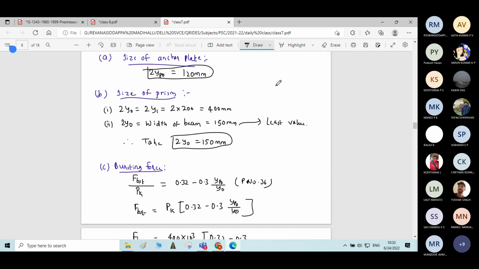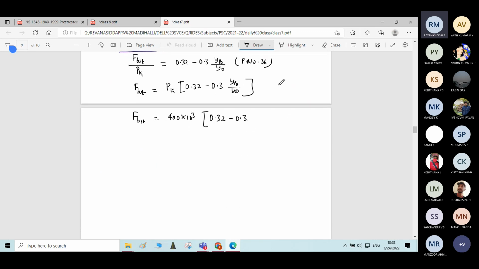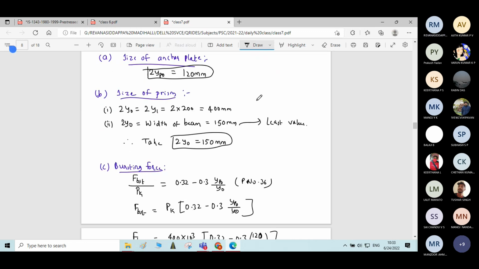Here, 120 by 150. See here, YP naught value actually will come around 60 mm, and here you will get 75. 60 by 75 value is also the same as 120 by 150, because 2 YP naught divided by 2 Y naught will give the YP naught by Y naught value.